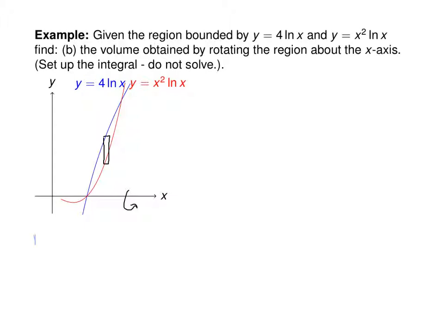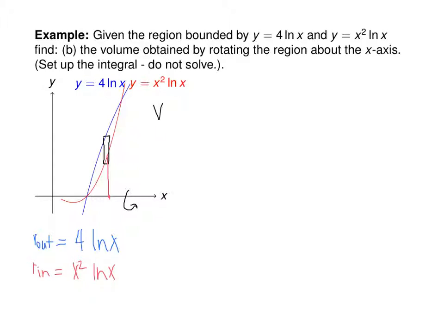So the outer radius is the distance from the axis of rotation to the upper curve, so that will be 4 ln x. And the inner radius is the distance from the axis of rotation to the inner curve, which is x squared ln x.